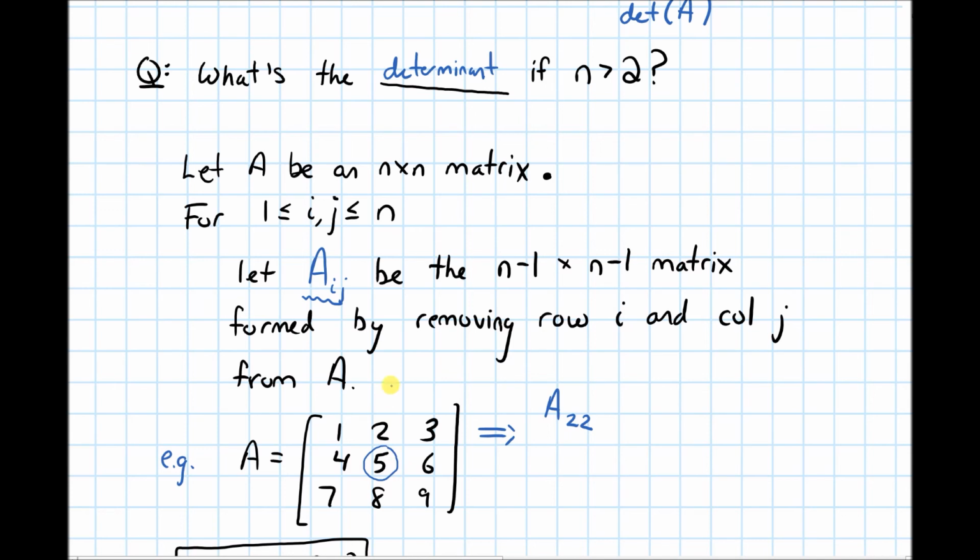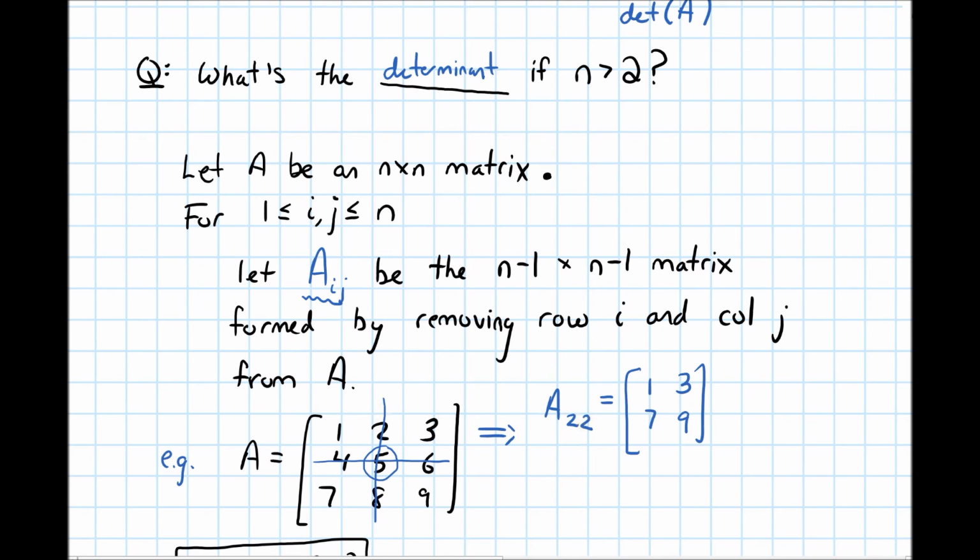I'm going to remove that row, the second row, and that column, the second column, and write down the resulting matrix. The entries left over are a 1, a 3, a 7, and a 9. That's the matrix A sub 2,2 that I get when I remove the second row and the second column from A.